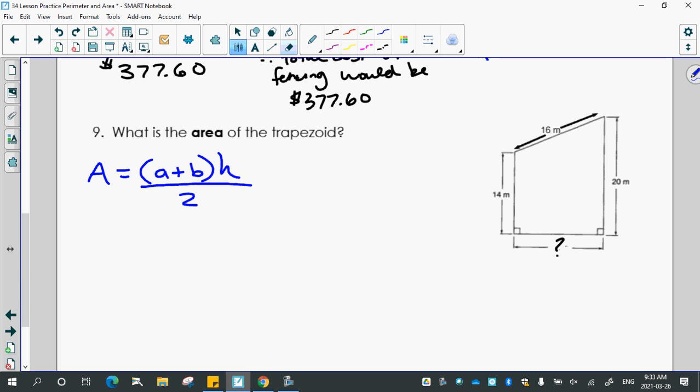Everyone see it on your sheet? Okay. Now, has anyone done a trapezoid before? Who hasn't even heard the word trapezoid before?